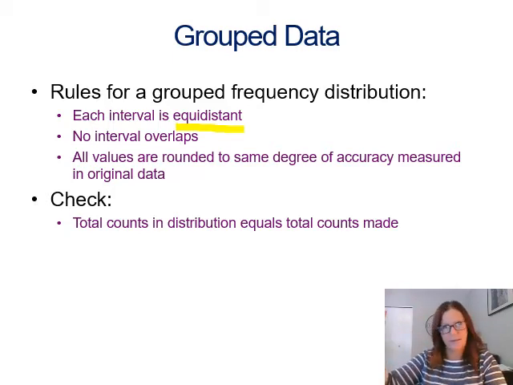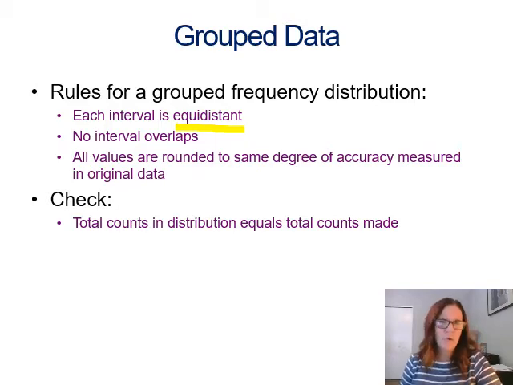change your width suddenly. The only time that I'd say you could change your width is, let's say I am dealing with exam scores, and I have a large gap between 0 and my lowest exam score. Maybe the lowest exam score I found was 30%.